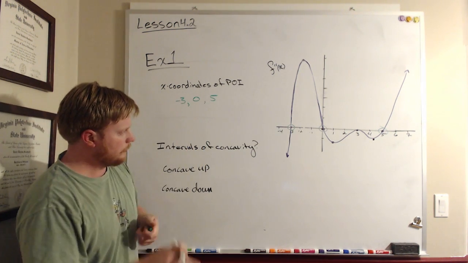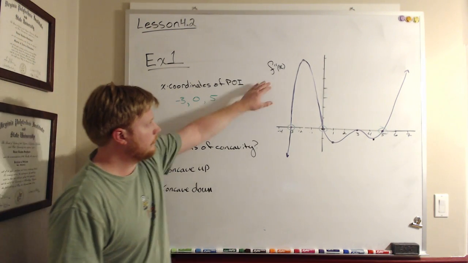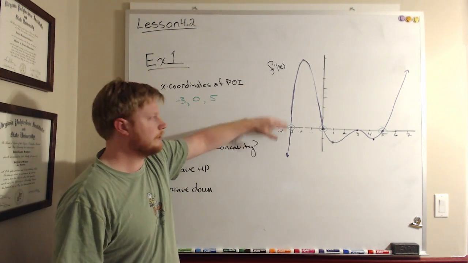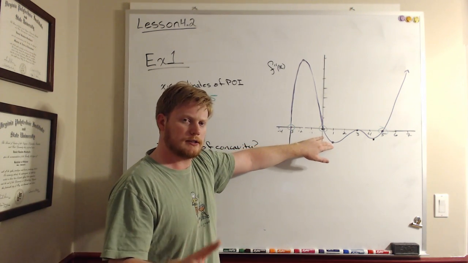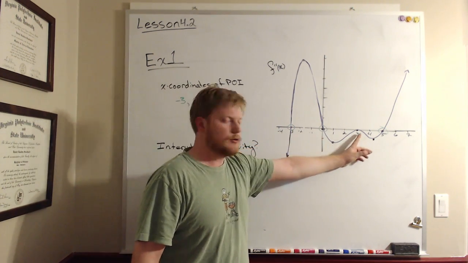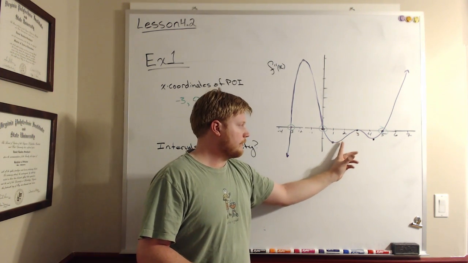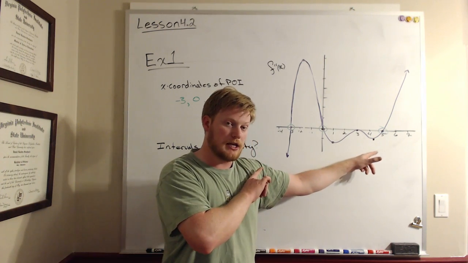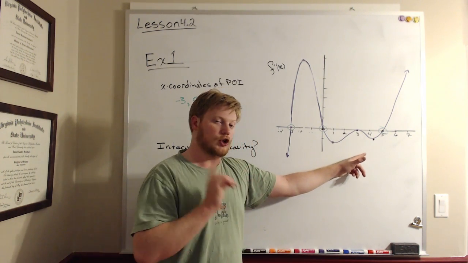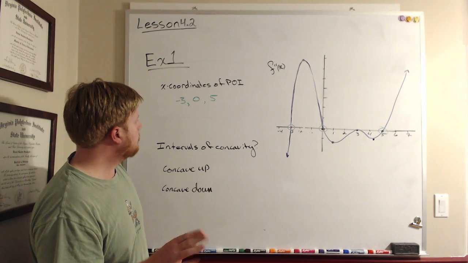So at -3, 0, and 5, the second derivative changes from either negative to positive or positive to negative. In other words, it crosses the x-axis. The reason we did not include 3 was because the second derivative did not go from negative to positive. It stayed negative. It touched the x-axis, but it didn't cross it, so the concavity did not change. Okay.